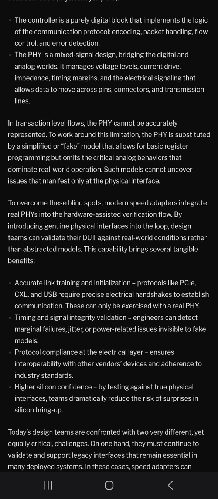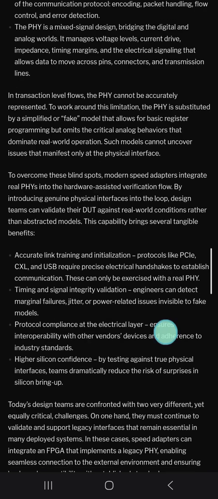Protocol compliance at the electrical layer ensures interoperability with other vendors' devices and adherence to industry standards. Higher silicon confidence. By testing against true physical interfaces, teams dramatically reduce the risk of surprises in silicon bring-up.